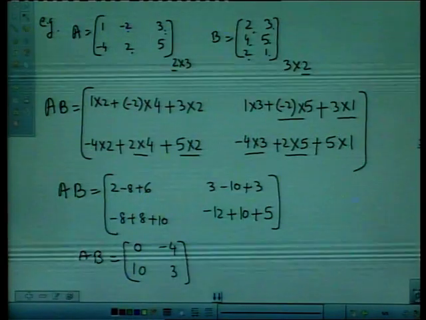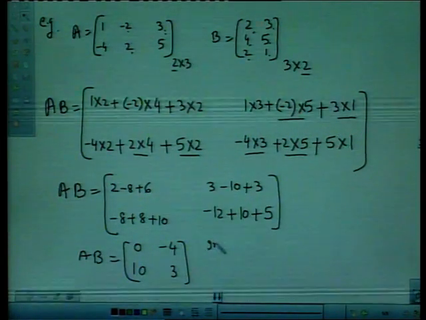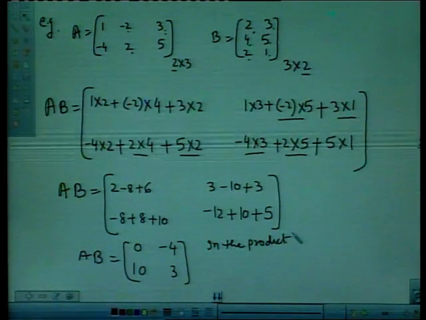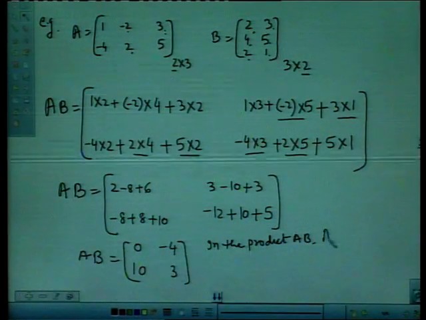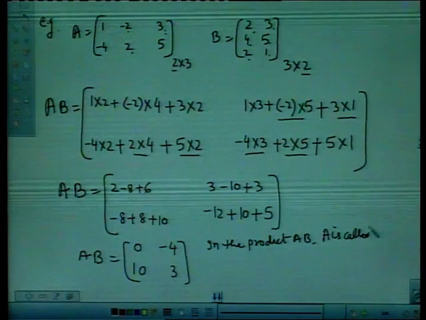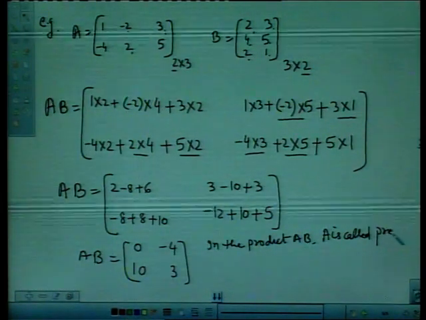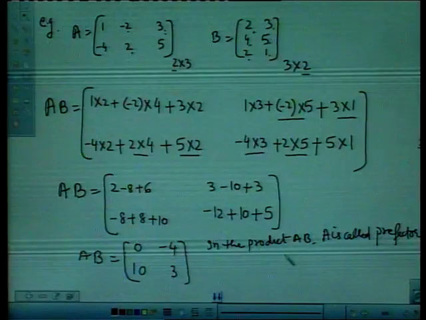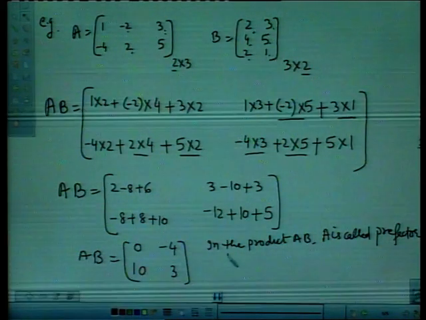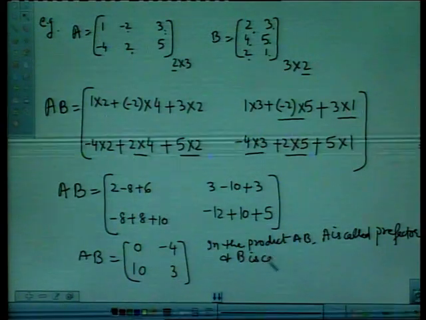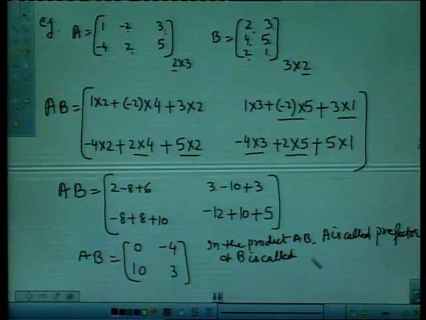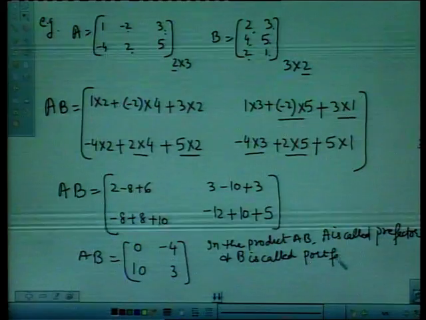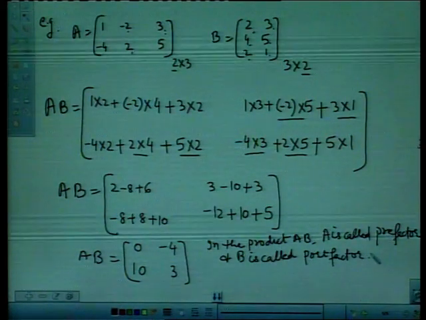In the product AB, A is called the prefactor and B is called the postfactor.